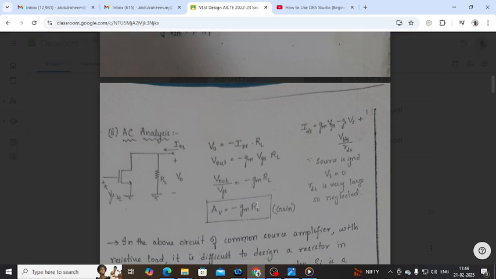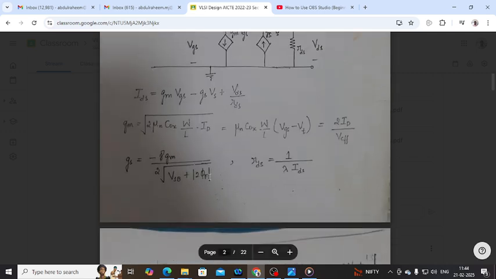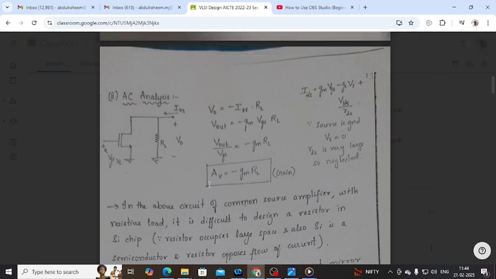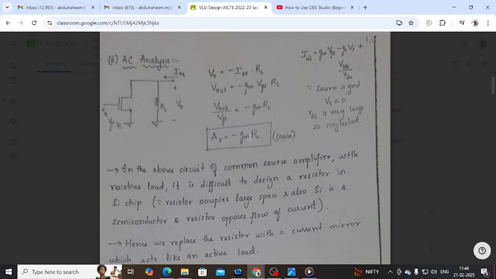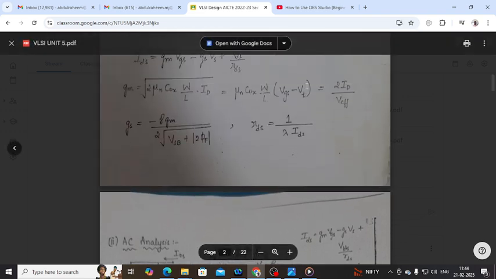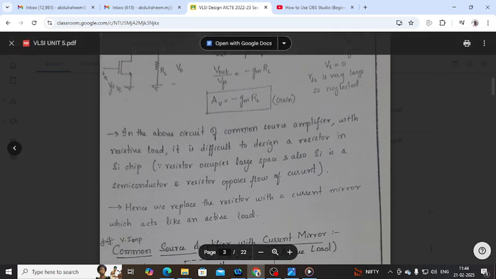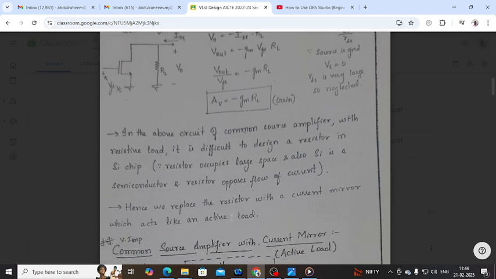For a common source amplifier, just draw the circuit diagram and equivalent circuit, make the AC analysis, apply KVL, and you will get gain equal to minus GM into RL, because here VS is grounded and RDS is very large, so you can neglect it. GM is your transconductance, you already know GM: 2 into ID by effective voltage. That's it. Hence we can replace the resistor with the current mirror in the next one.